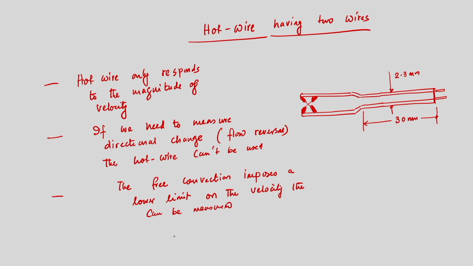So, the free convection imposes a lower limit on the velocity that can be measured.